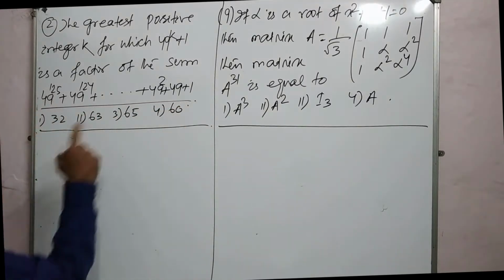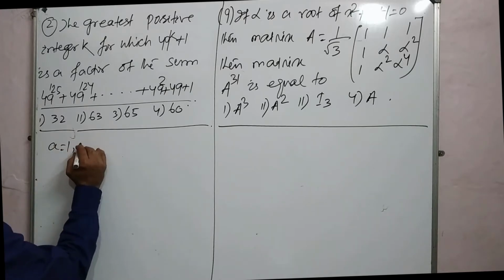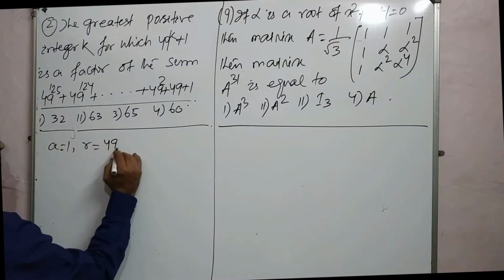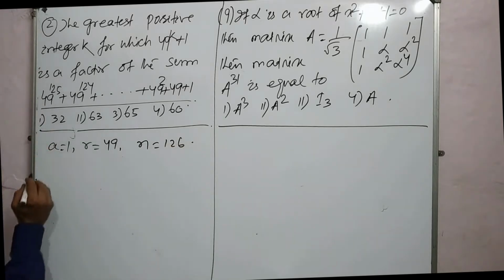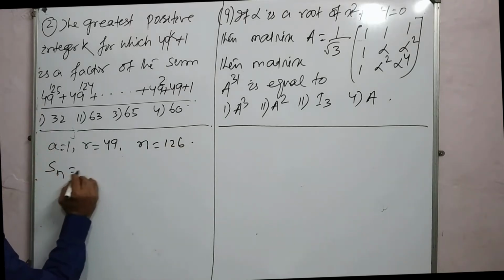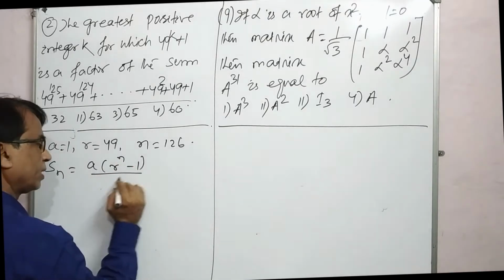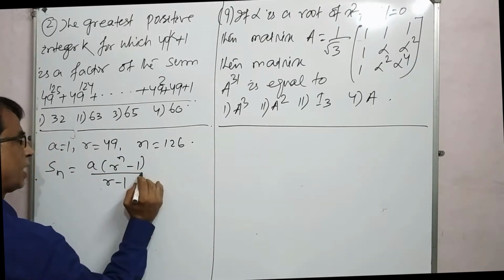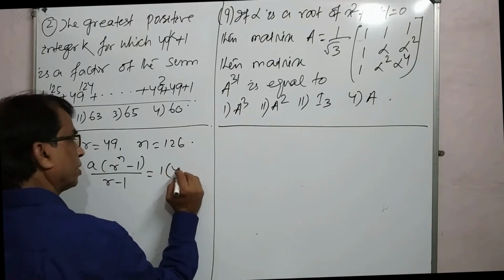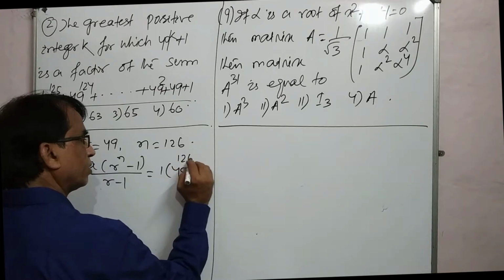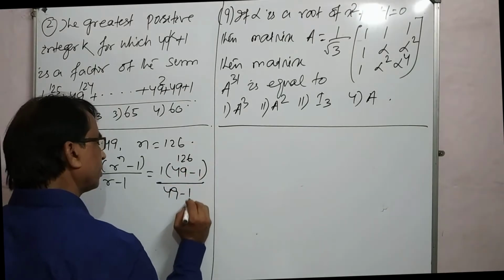If you reverse it, you are getting a GP series where a is 1 and r is 49 and n is equal to 126. Sn is equal to a into r to the power n minus 1 by r minus 1, and a is here 1, so 49 to the power 126 minus 1 by 49 minus 1.